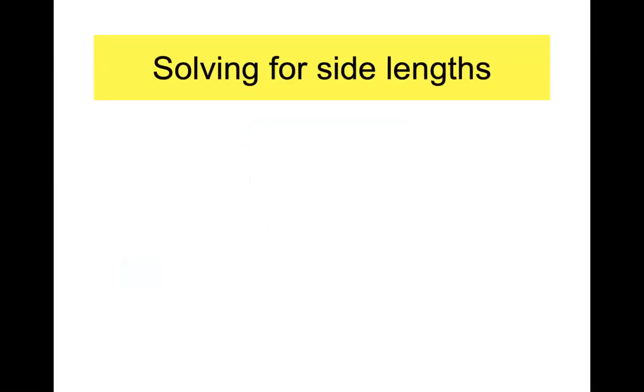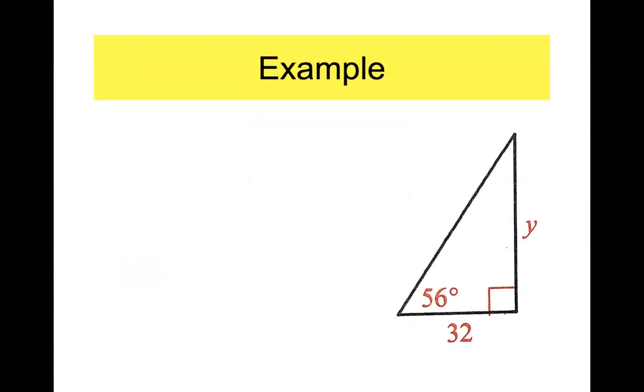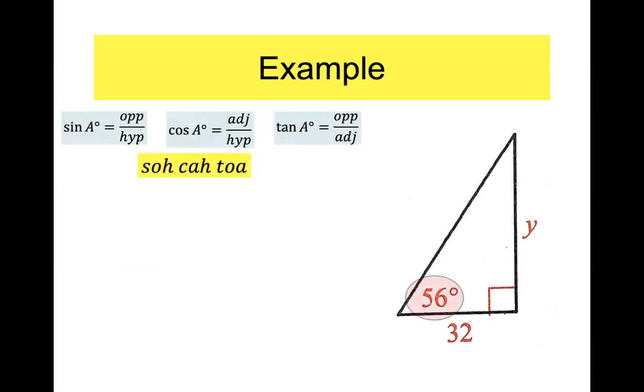So trig allows us to do many things, but the two that we learned for this year are to solve for an unknown side length and to solve for an unknown angle measurement. So for solving for an unknown side length, you must be given one angle and one side. The process is to examine the angle that you're given, in this case, 56 degrees.